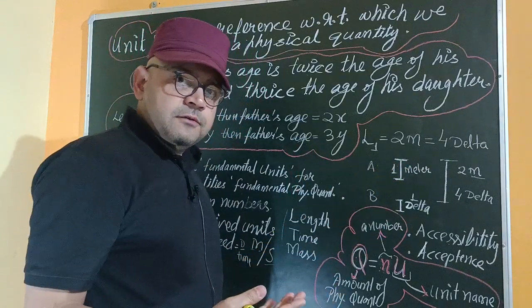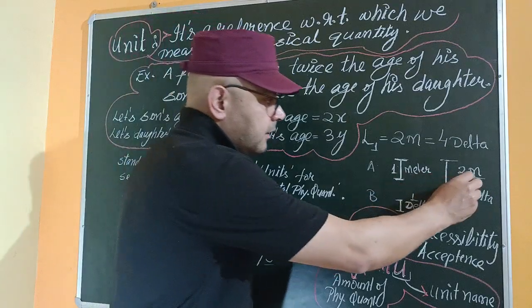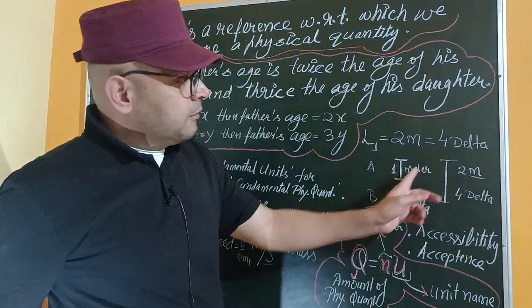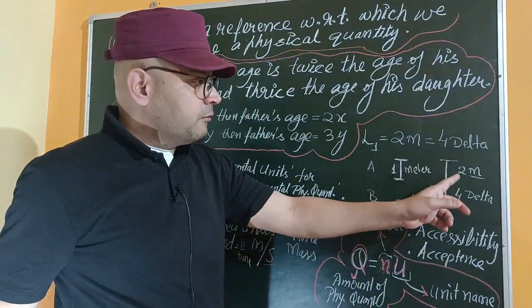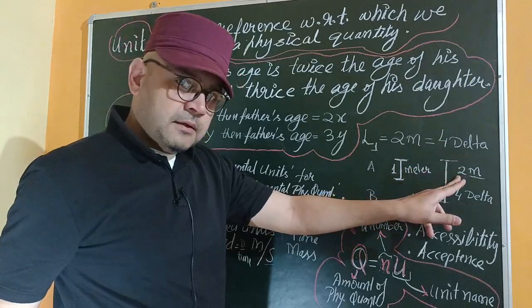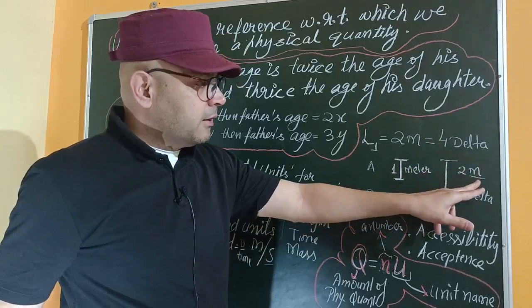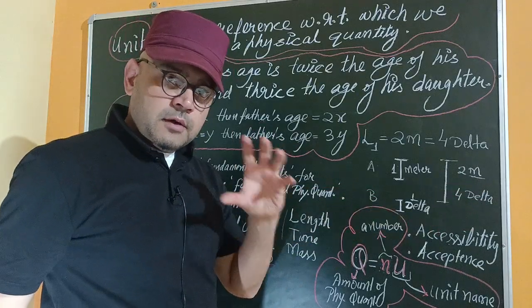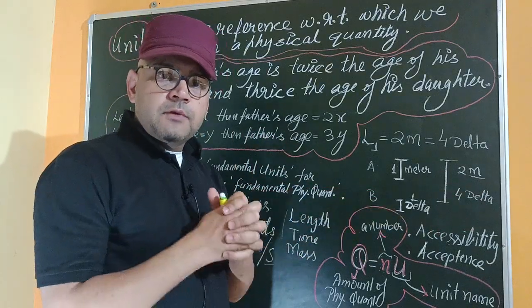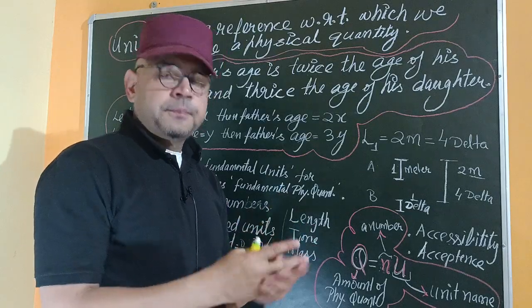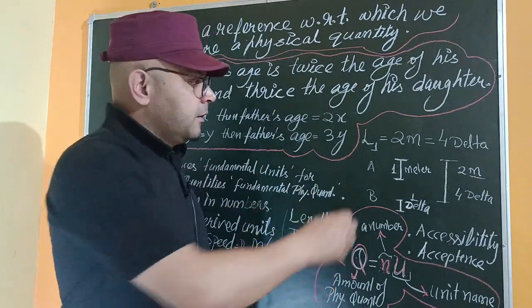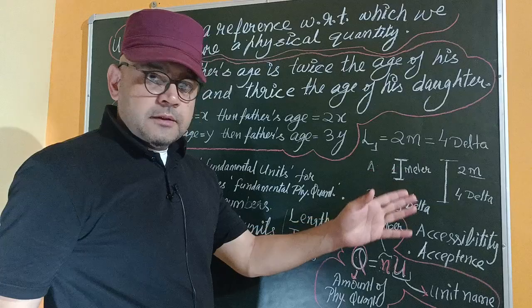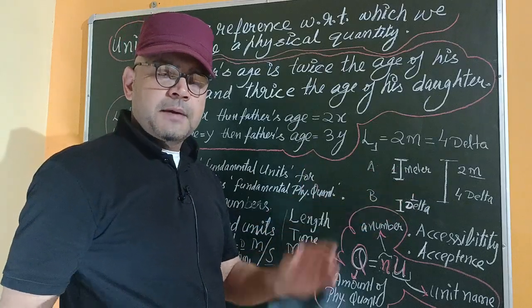So one thing to note here is that when the reference changes, what would change? A number, that is the numerical value, and the unit, that is called reference or unit. So for a particular physical quantity, we can have different kinds of units like meter, centimeter, kilometer, millimeter, micrometer for length.